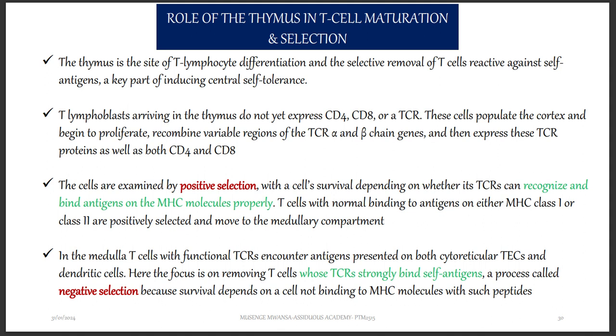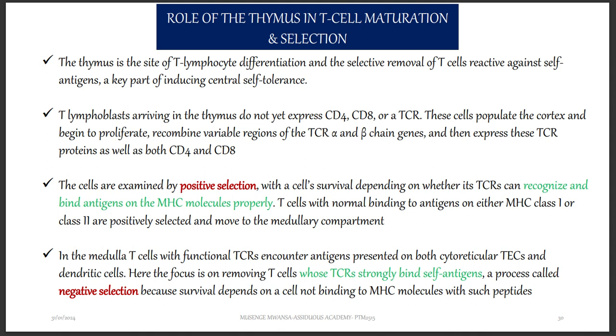Such cells shouldn't go to the next level. In other words, a med 2 student who wants to destroy their friend shouldn't go to the next level. So a T cell that is binding self antigens should not go to the next level. That is what is known as negative selection.